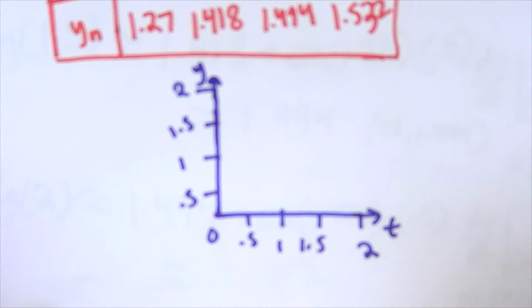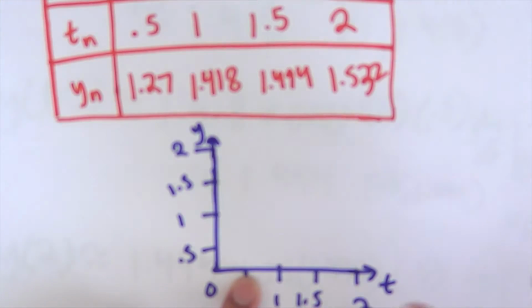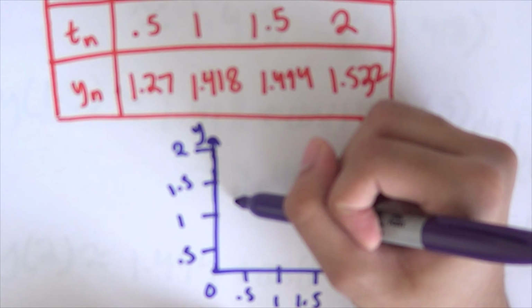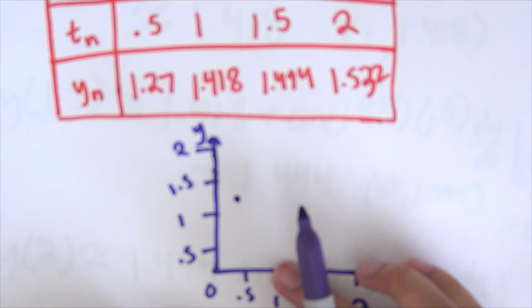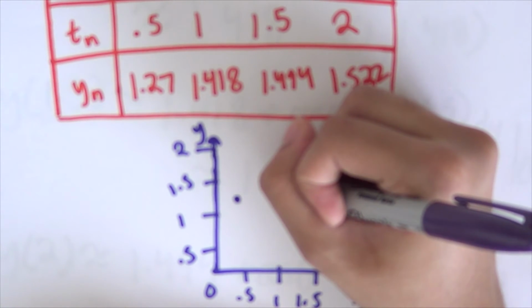Okay, so now let's plot in our points. So for 0.5, our y is 1.27, so that will go right here. And for 1, our y is 1.418, so that'll go just beneath the 1.5.